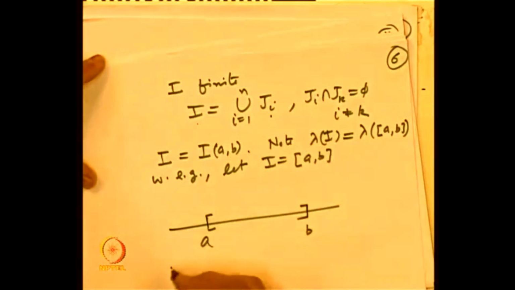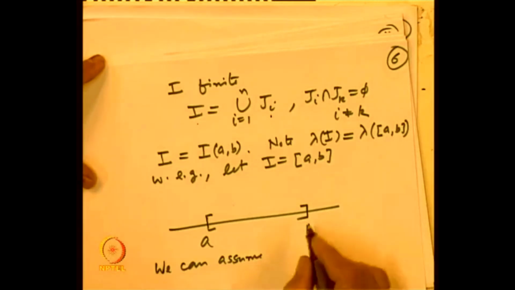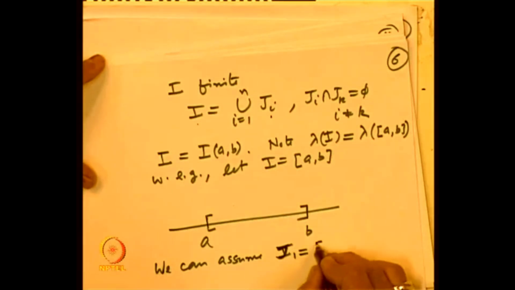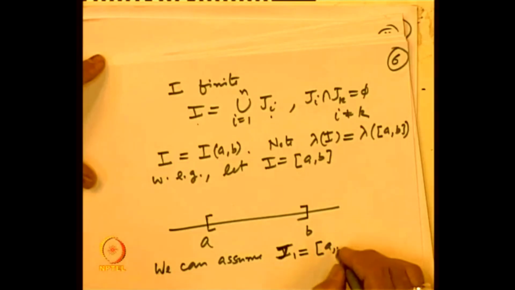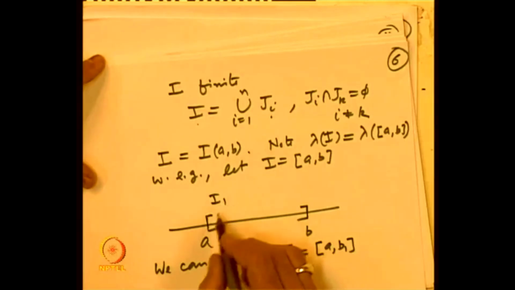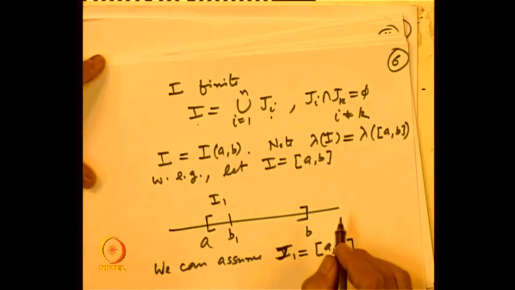So we can assume the interval J1 is starting at A and ending somewhere, let us call it B1. The endpoint may or may not be included.